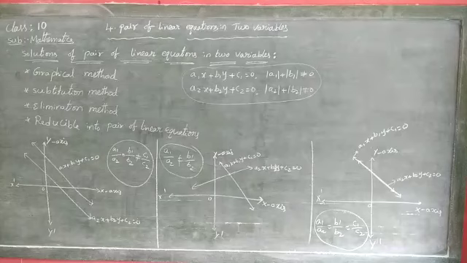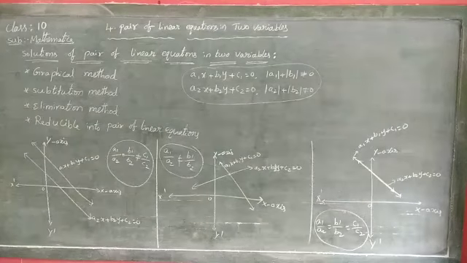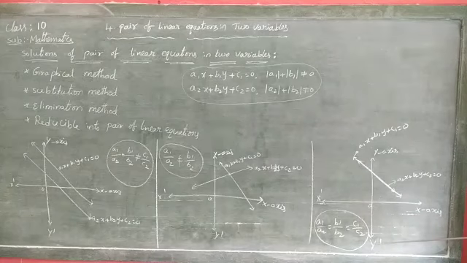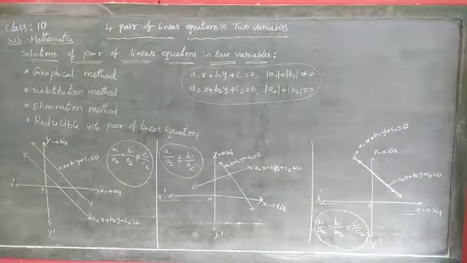At that time, the two lines are called coincident lines. Moreover, these coincident lines are also known as dependent lines. One line is dependent on another one. In this case, the relation between the coefficients of the variables is a1 by a2 is equal to b1 by b2 is equal to c1 by c2. So like that, we can represent the graphs.